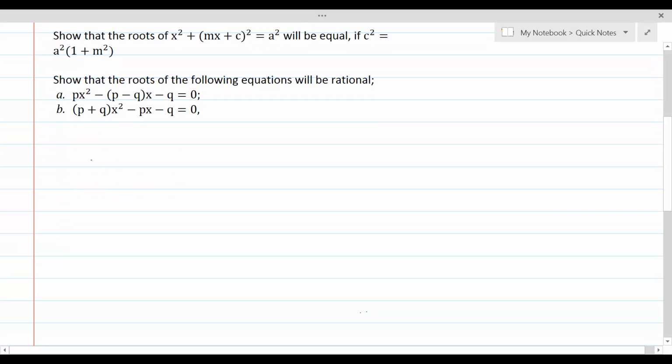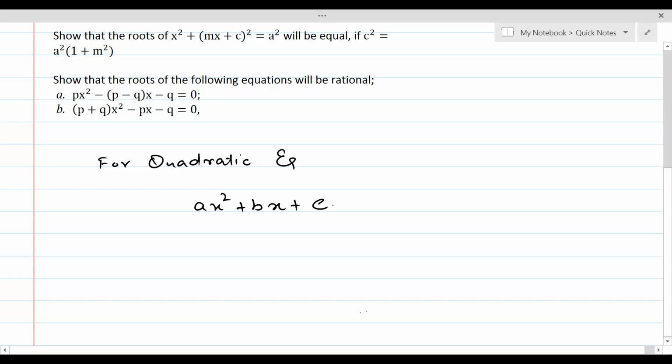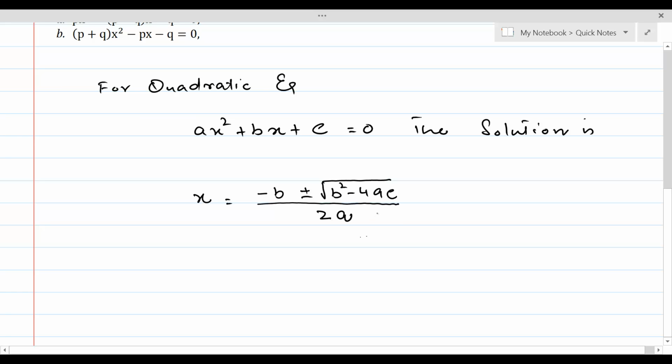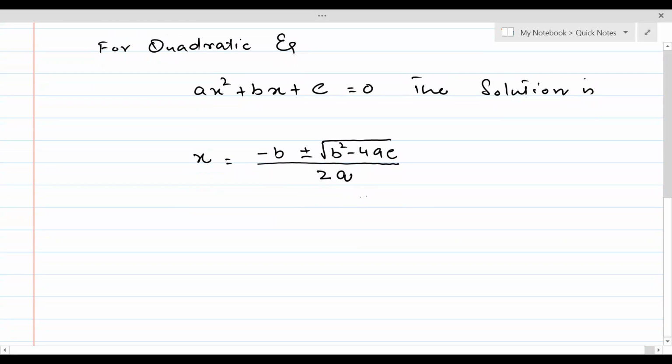For the quadratic equation ax squared plus bx plus c equal to 0, the solution is x equal to minus b plus minus square root of b square minus 4ac, divided by 2a.